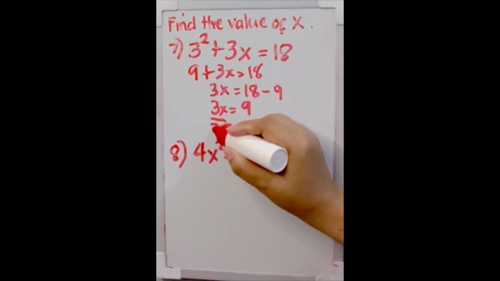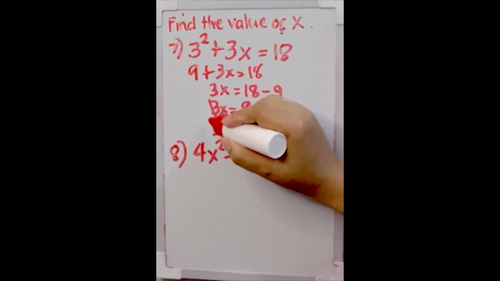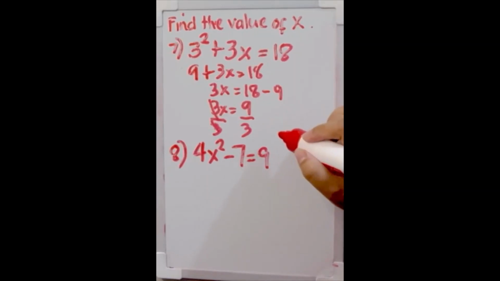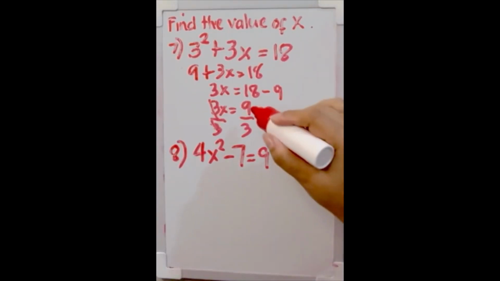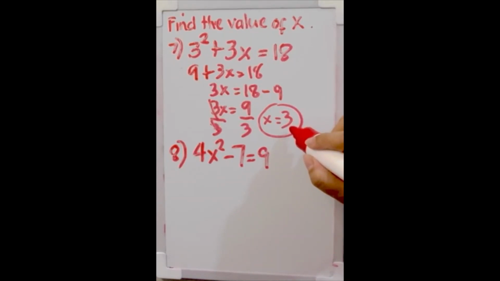So now divide both sides by 3. So 3 divided by 3, that's just 1. So you have now x equal to 9 divided by 3 is 3. So your x is equal to 3. You can again check by substituting this 3 for this x here.